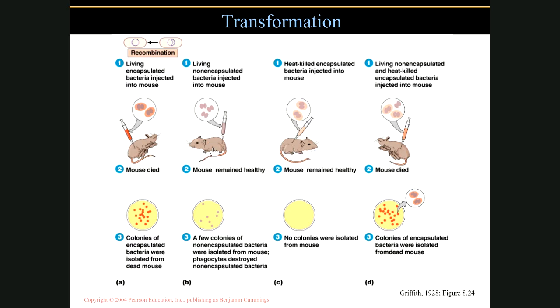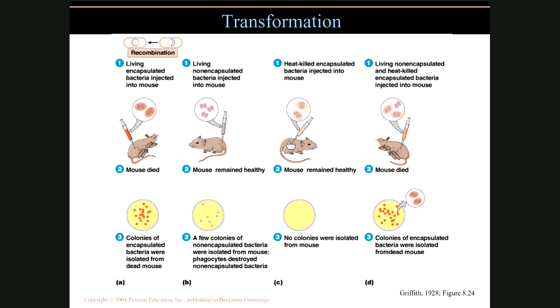And then what Griffith did is he took the live encapsulated Strep and he heated them until he killed them. So he had dead Strep with capsules. He injects them into the mice. No surprise, the mice survive because the bacteria were dead, right? So live encapsulated Strep kills, live non-encapsulated Strep does not kill, and dead encapsulated Strep does not kill.